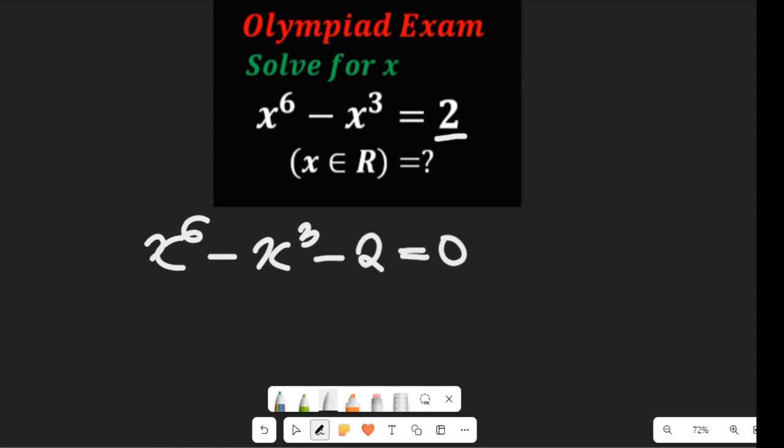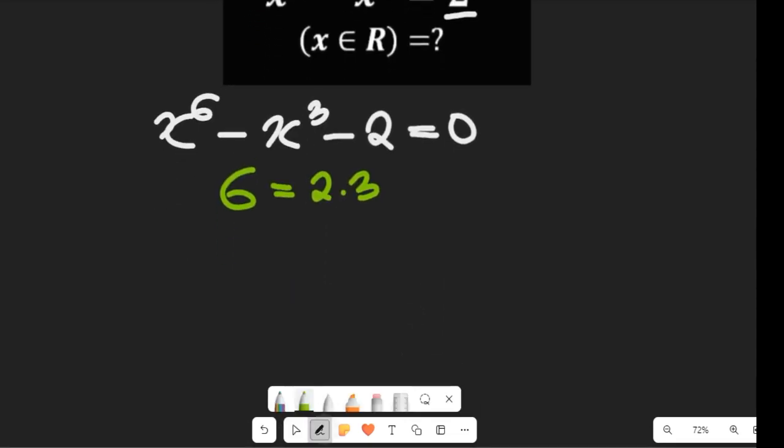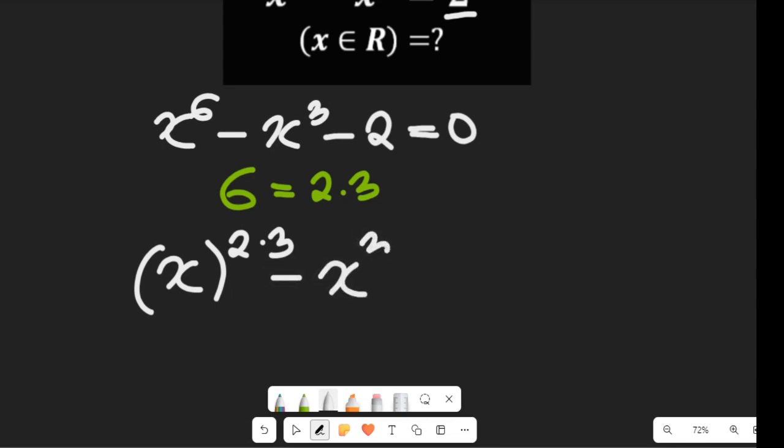Now, considering the exponent, you will agree with me that 6 can be equal to 2 multiplied by what? 3, right? So that expression will now give us x to the power of 2 times 3, minus x to the power of 3 minus 2, and this will be equal to 0.